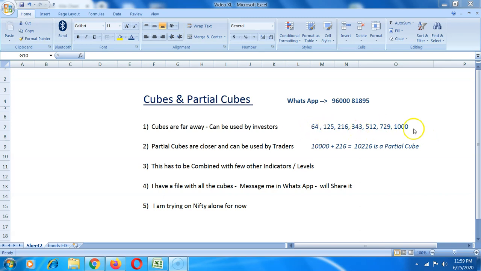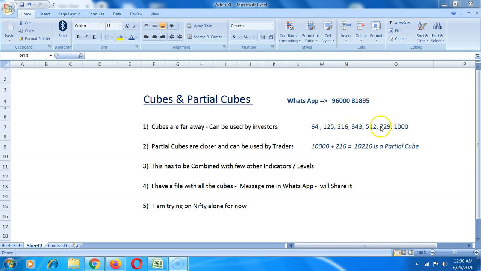Here, out of the sequence of numbers, 8, 27, 64, 125, these are very, very close together, so these are sort of the least important among the sequence of numbers. 8 is also a cube, so 10,008 is also a partial cube. 10,008, 10,027, even 10,064 to a certain extent, are relatively less significant as the cube value goes up.